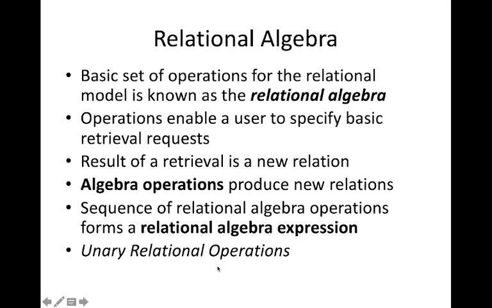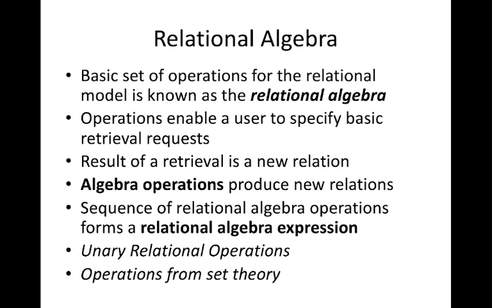There are various kinds of relational algebra operations. First type is unary relational operations, and second is operations from set theory. And there is another set of operations, which we call binary relational operations. Unary relational operations, which we will see in this lecture, are those operations acting on a single relation or a single table. Operations from set theory we will study in the next lecture.